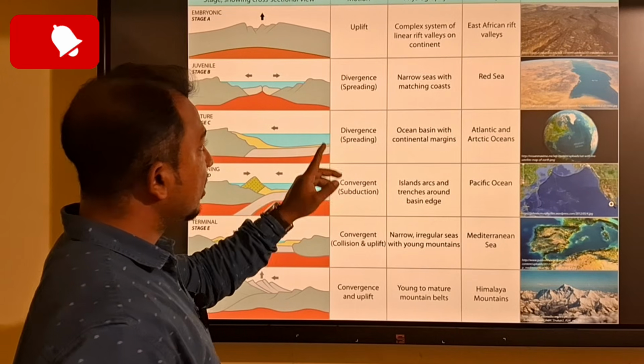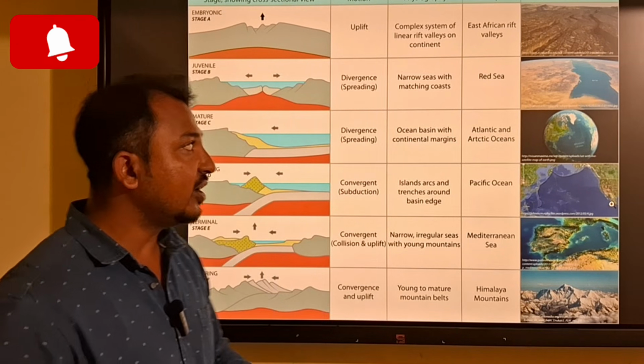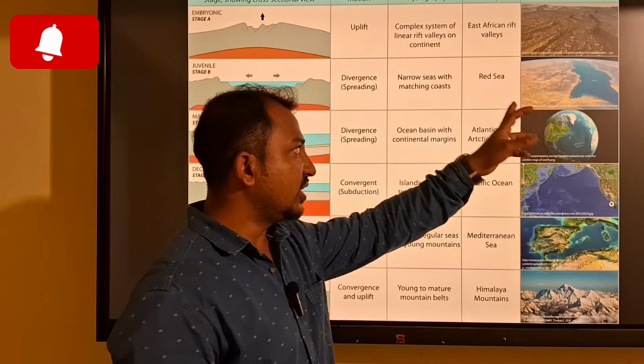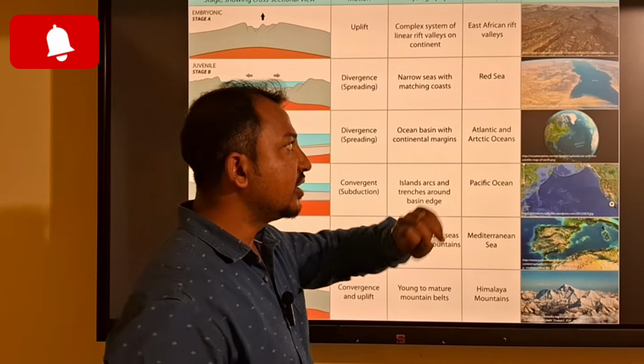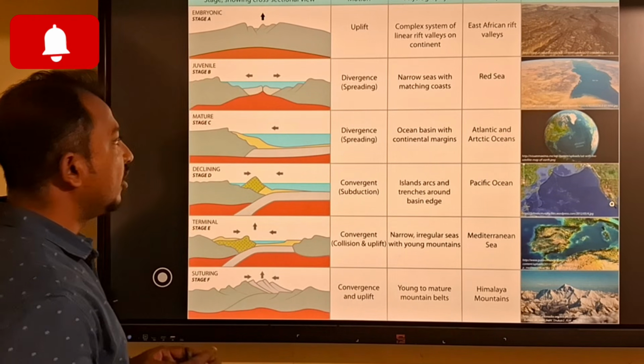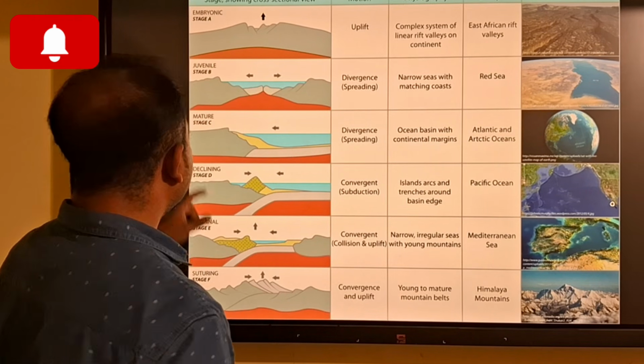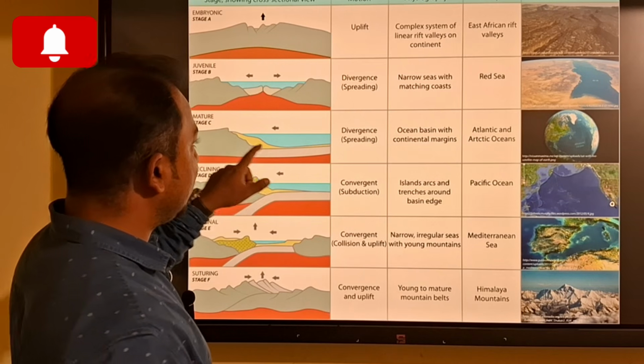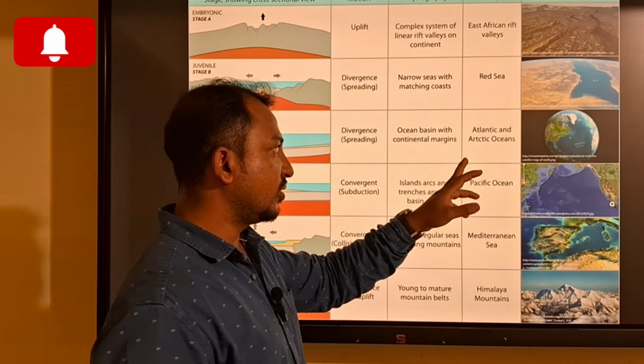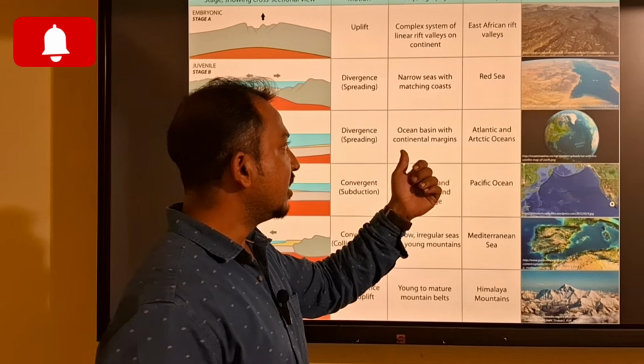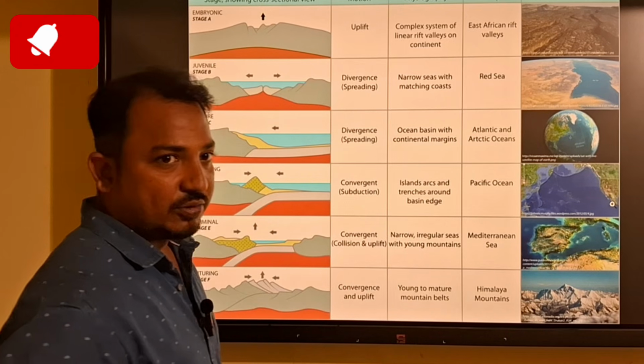Then the juvenile stage, where there will be diverging or spreading of the continent, which will produce a narrow sea in between the two rifted continents. Then with further divergence comes the mature stage, where the sea will enlarge to an ocean, that is the Atlantic Ocean.